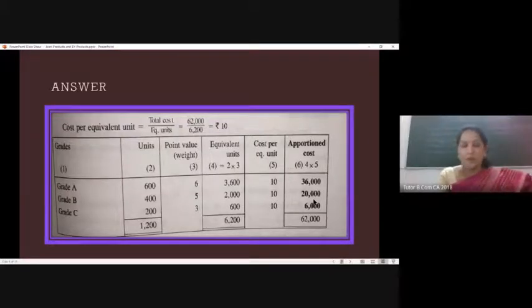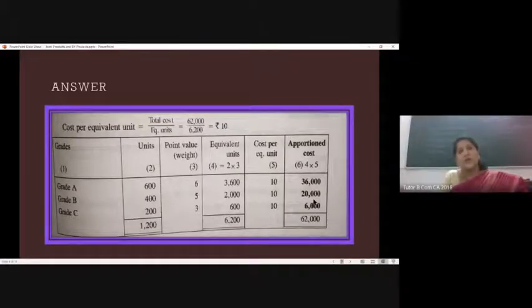So we were talking about, first one is physical unit method, where volume was the basis for apportionment. Second one was average unit method, average cost method, where averaging of the cost was simply done for the purpose of apportionment. And the third one, which we just now discussed, is the survey method, where grading of the joint products is done, maybe because of their quality, or demand, or durability.